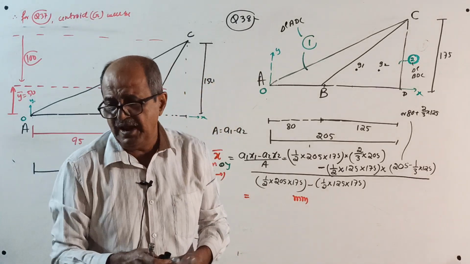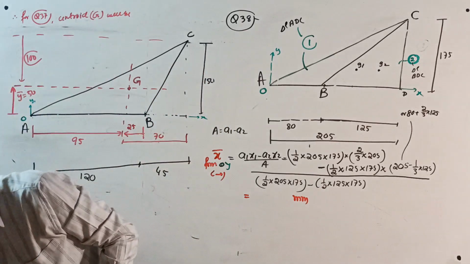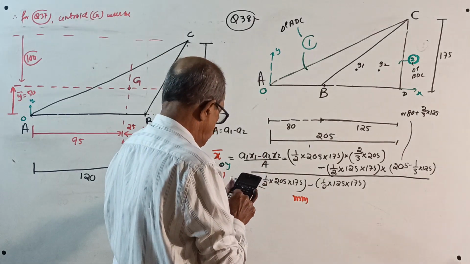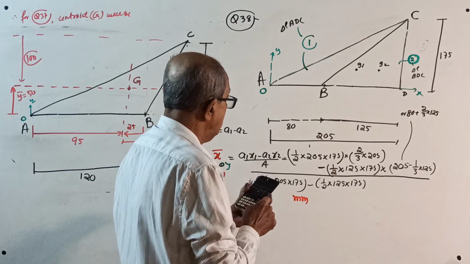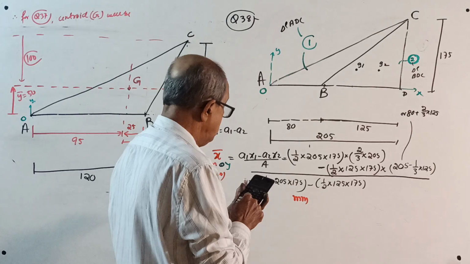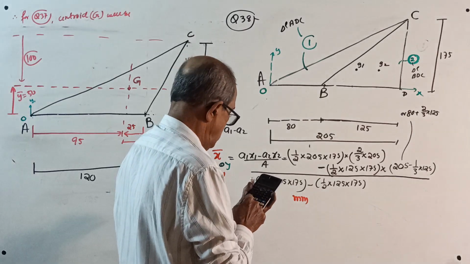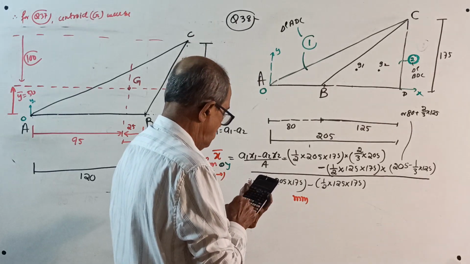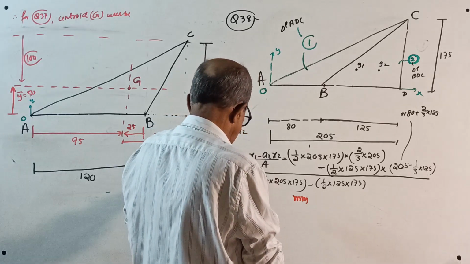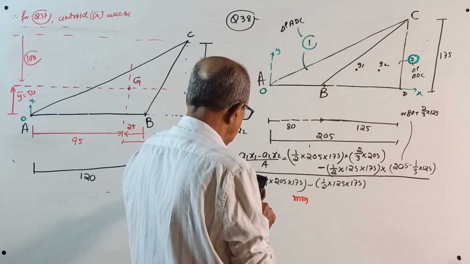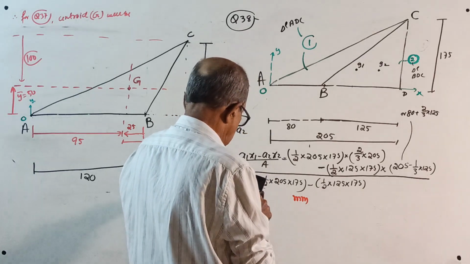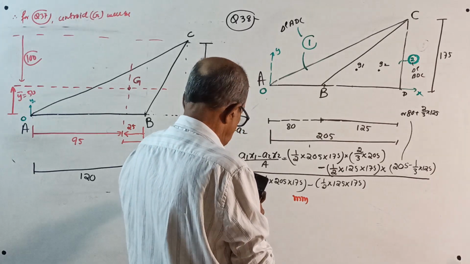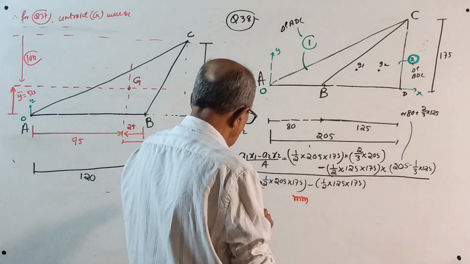I will calculate, but actually I don't have to calculate. That I will tell you at the end of the class. Okay, but for your happiness, half into 205 into 175 into 2/3 of 205 minus half into 125 into 175 into 205 minus 1/3 of 125, divided by bracket half into 205 into 175 minus half into 125 into 175.